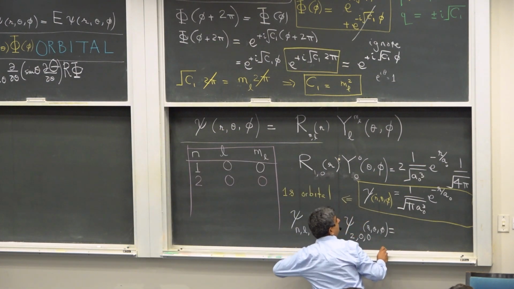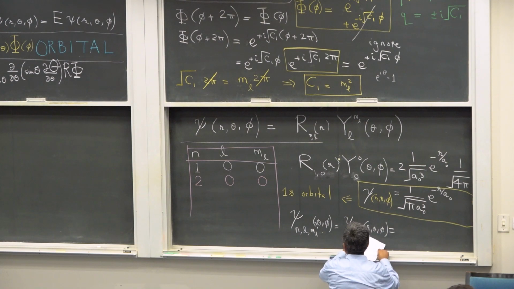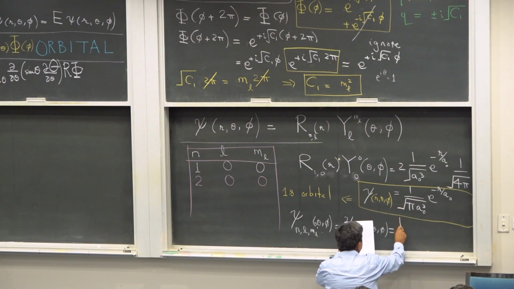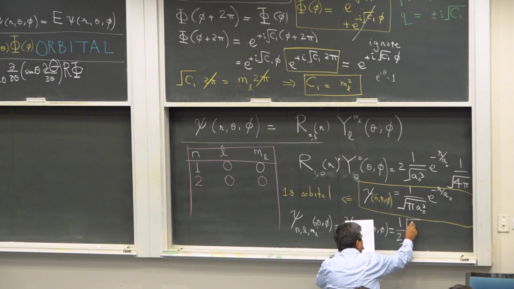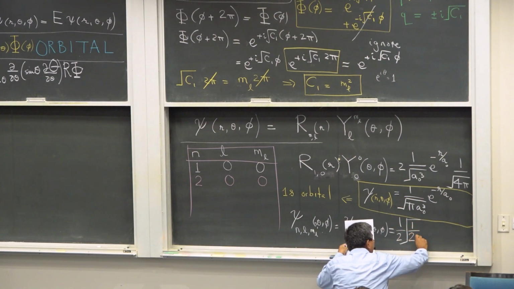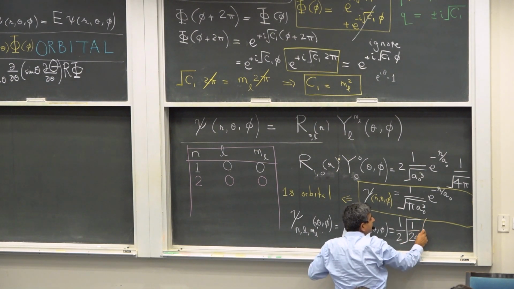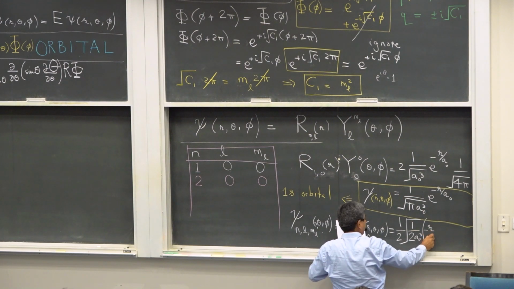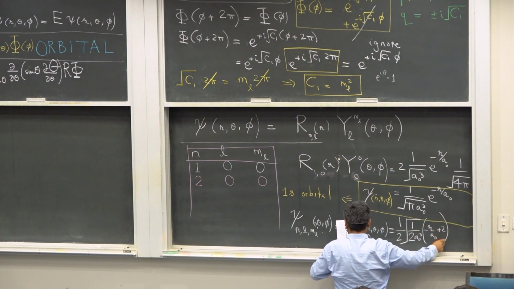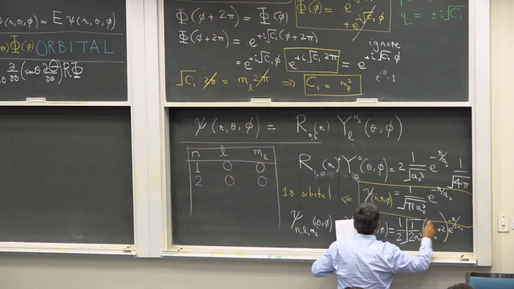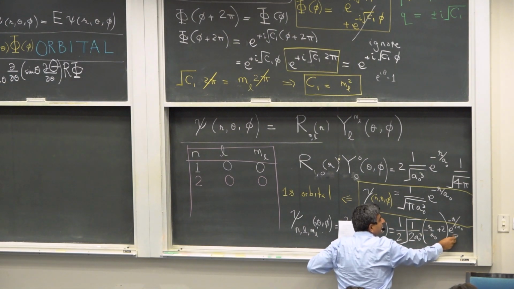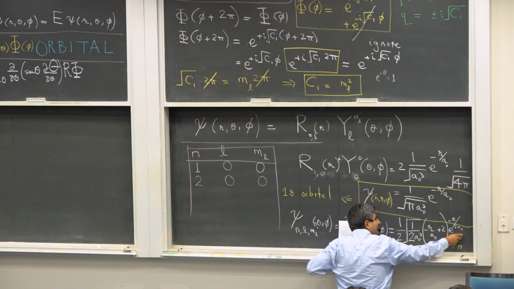It's 1 over 2, 1 over 2 a naught cube, minus r over a naught plus 2, e to the minus r over 2 a naught, multiplied by 3 over 4 pi, cos theta.